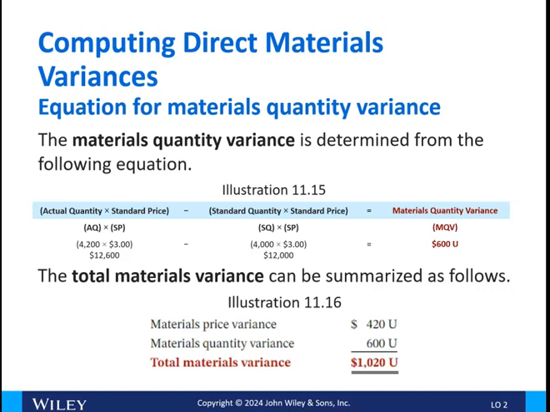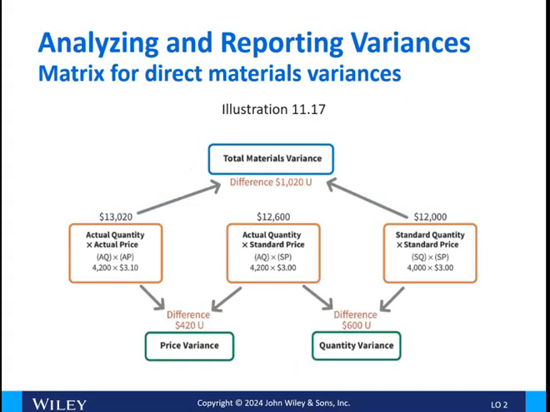In this case, they both were unfavorable. And if we go back to our graphic, we can plug in the numbers there. You can see it all together. The total at the top is the actual quantity at actual price compared to the standard quantity at standard price, the $1,020 unfavorable, and we can break it into a price and quantity variance.